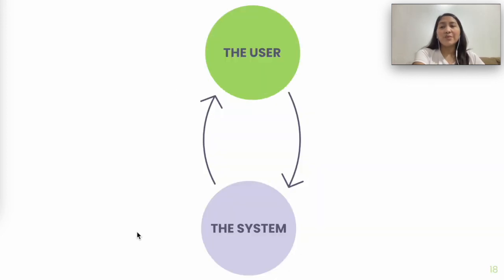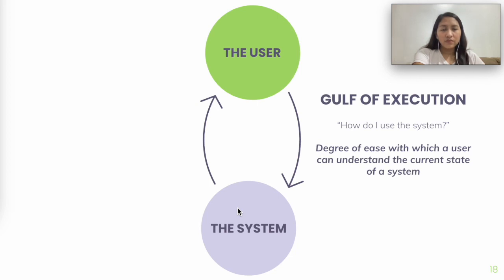So, let me explain to you each gulf. If this is the user and this is the system, when the user interacts with the system, you have crossed the gulf of execution if you are able to answer, how do I use the system?